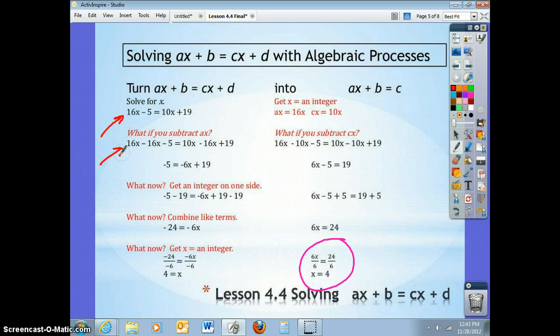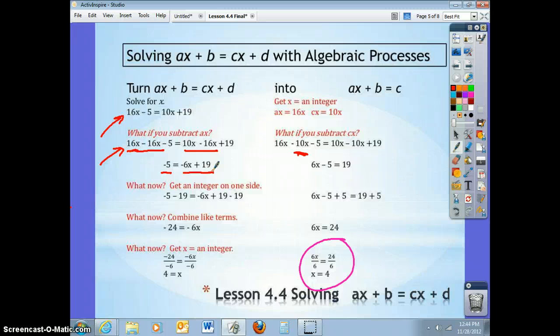What if we had subtracted ax instead of cx? We would have subtracted 16x from both sides. That would have made it go away on the left-hand side, leaving only negative 5. On the right-hand side, we would have gotten negative 6x plus 19. It's not the end of the world, but it's getting a little ugly.